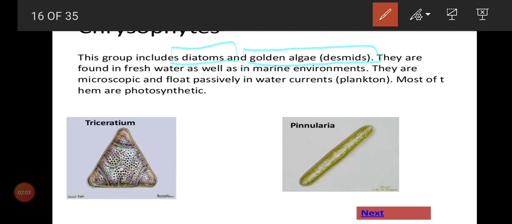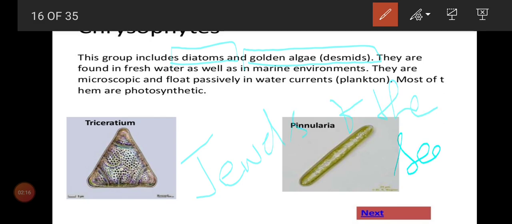Normally we can call these chrysophytes the jewels of the sea. Why jewels of the sea? Because they will be in yellow or bright golden color.